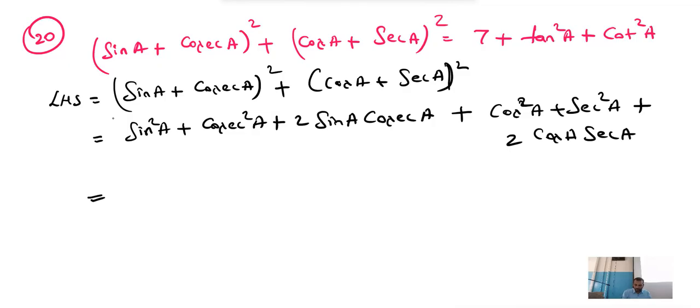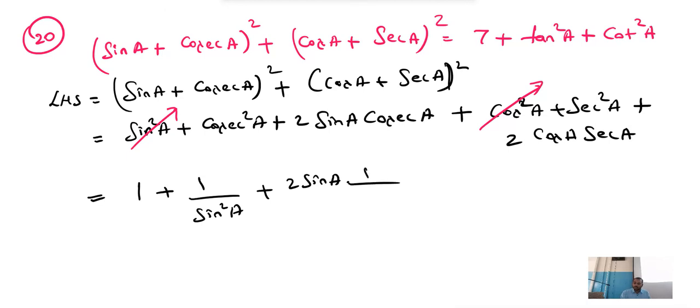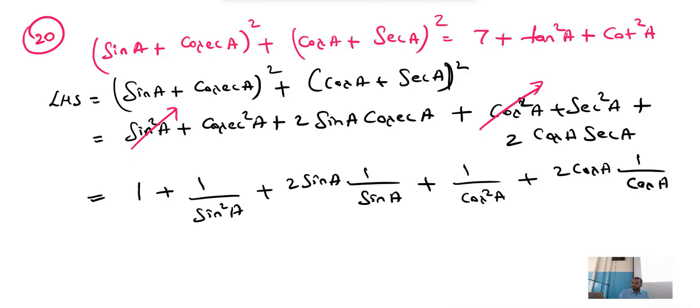Now direct cancellation. We know that sin square A plus cos square A is 1, plus cosecant square A is 1 by sin square A, plus 2 sin A into cosecant A is 1 by sin A, plus secant square A is 1 by cos square A, plus 2 cos A into 1 by secant A is 1 by cos A. Correct?